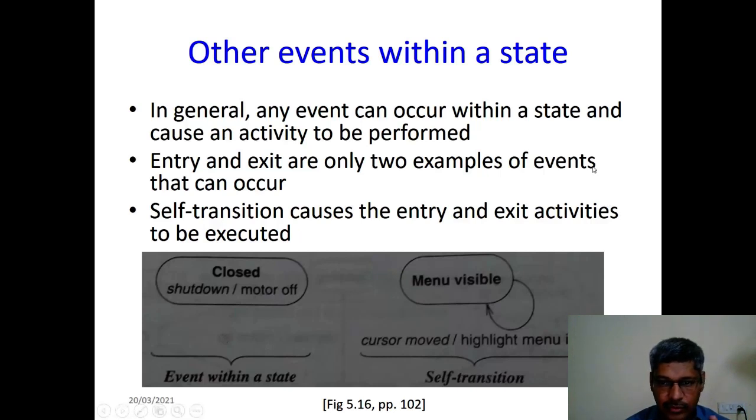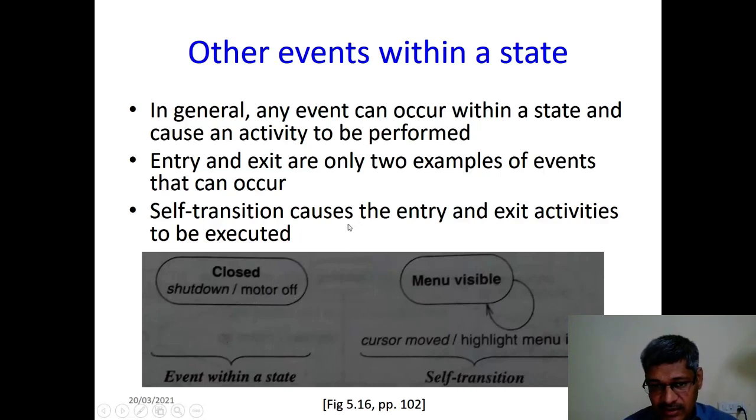Entry and exit are only two examples of events that can occur. We have discussed them in detail in the previous slides. But say, for example, in this closed state there can be a shutdown event, which will trigger an activity like motor off.